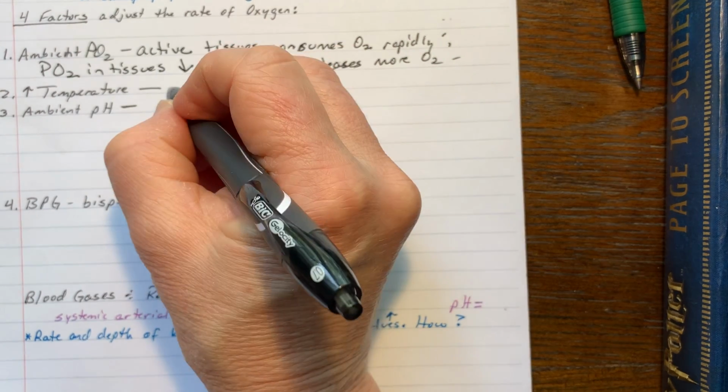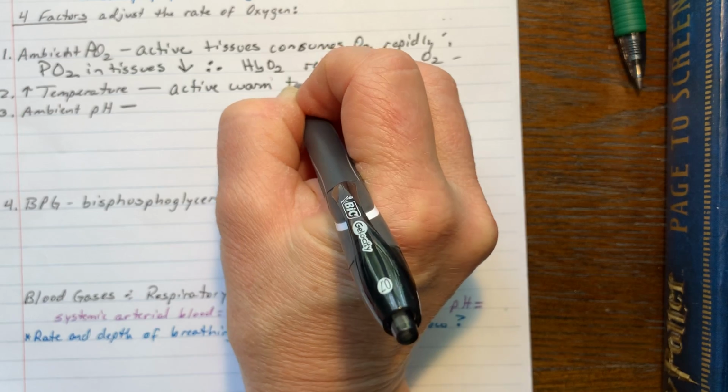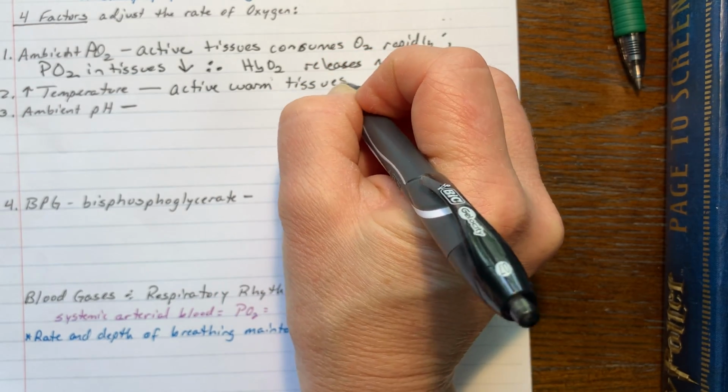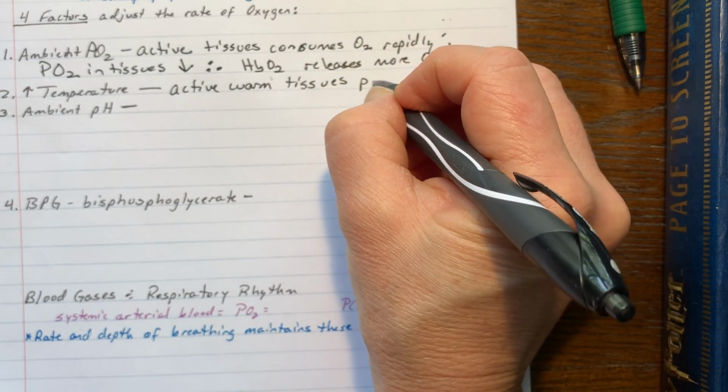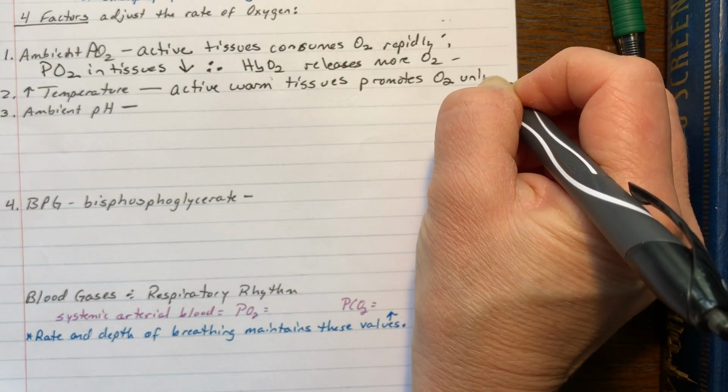Temperature: active, warm tissues, such as skeletal muscle cells in working, promote oxygen unloading from the hemoglobin.